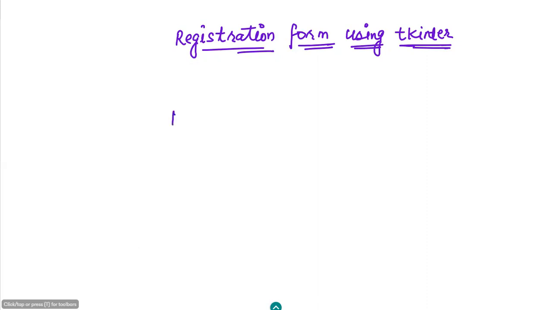First name, last name, the gender, age, and city, right? So these five fields we will talk about in this session.